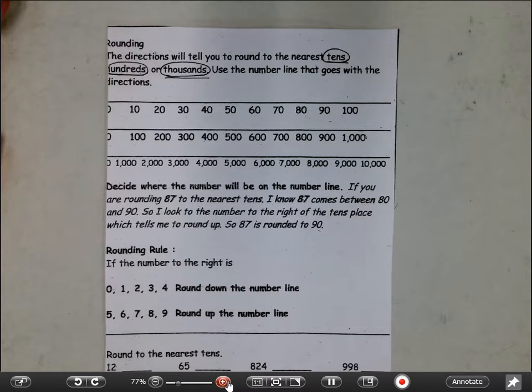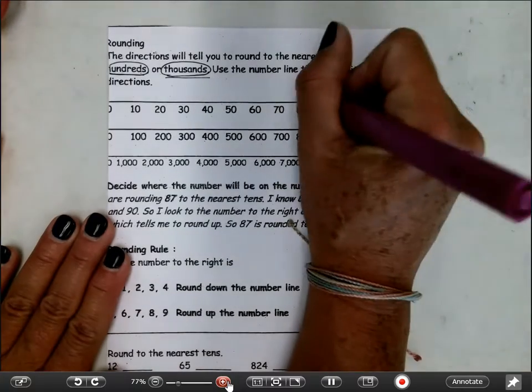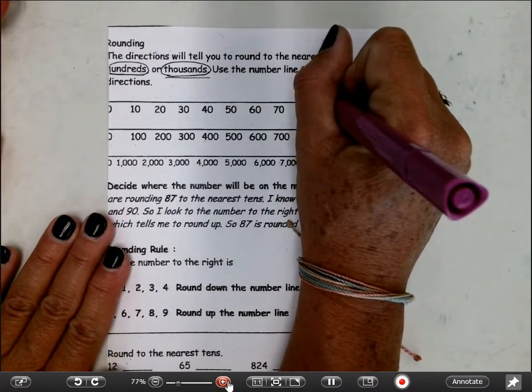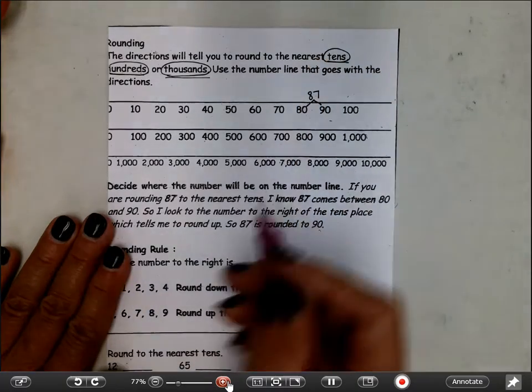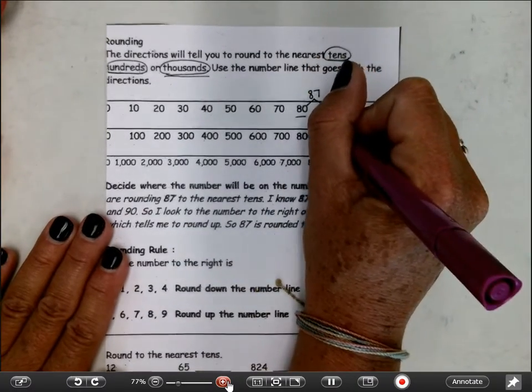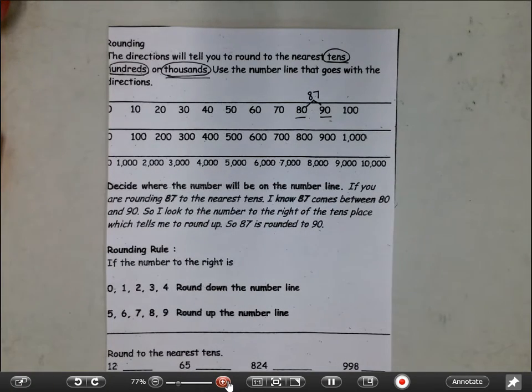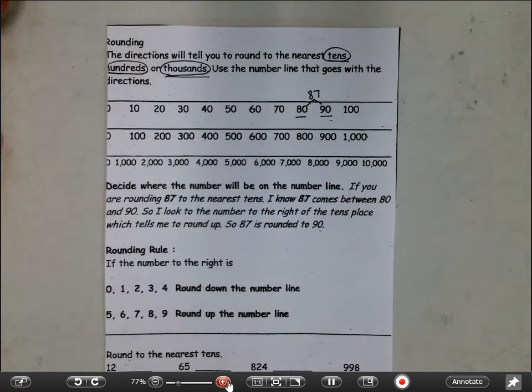Where would 87 go on that number line? Between what two numbers? 70 and 80? Close. 87. 80 and 90. Good. 87 would be in between 80 and 90. So the answer is either going to be 80 or 90. We just sorted it down to two possible answers. That's pretty good.